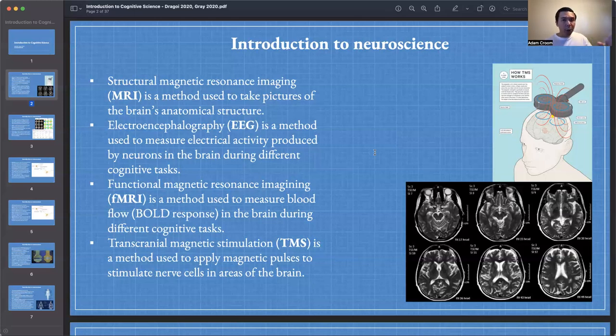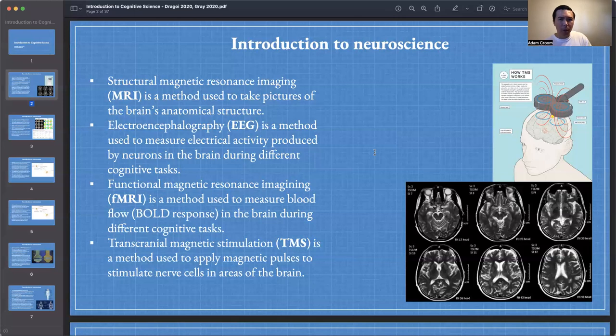We might show that, aha, using TMS we can disrupt this area and that turns off this cognitive function, and so we might infer that if we gave a lesion there, it would also disrupt that function. My point is that because lesions are long-term, whereas TMS is only short-term, the nature of lesions allows for some plasticity to occur.